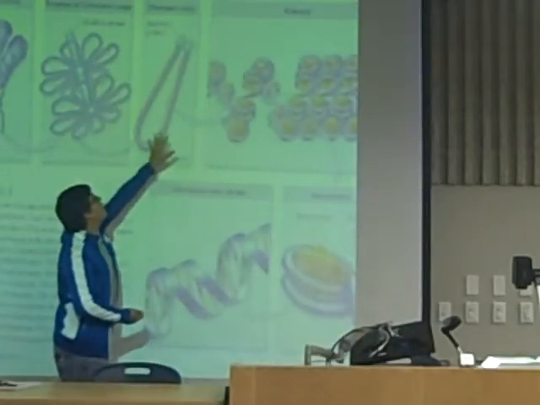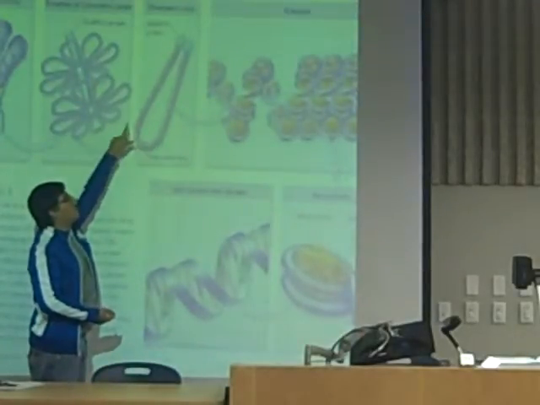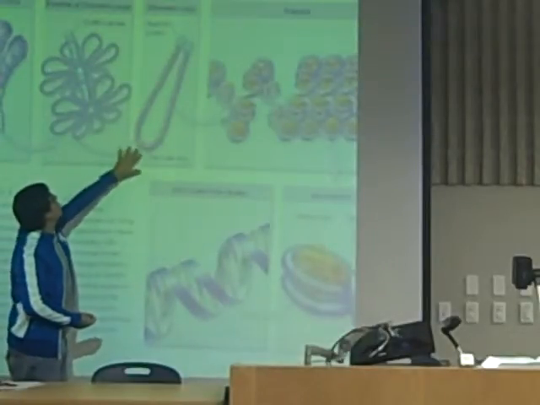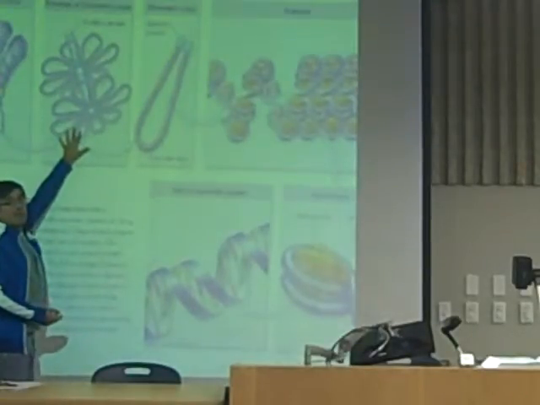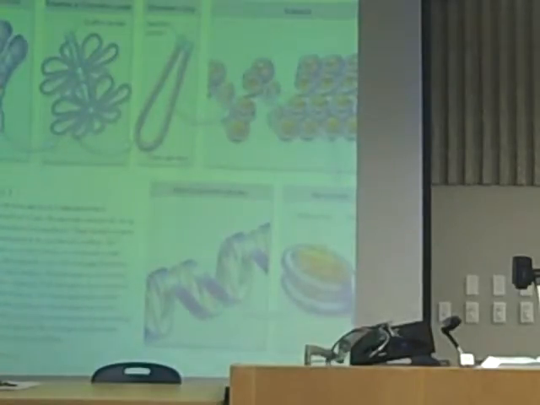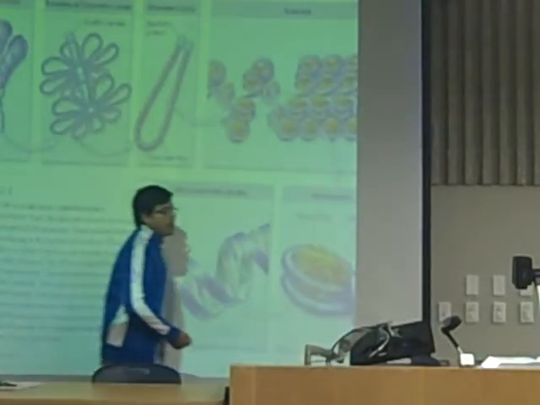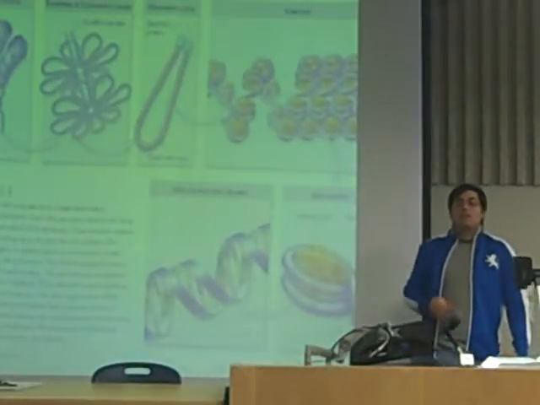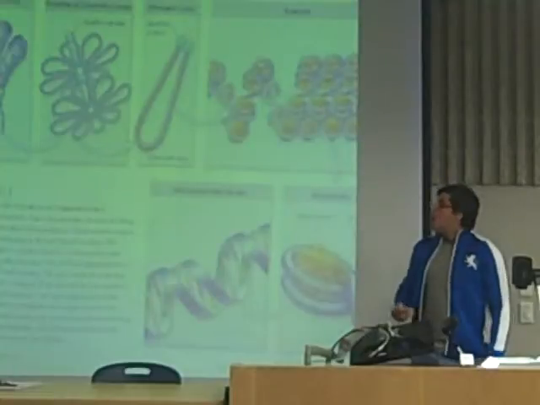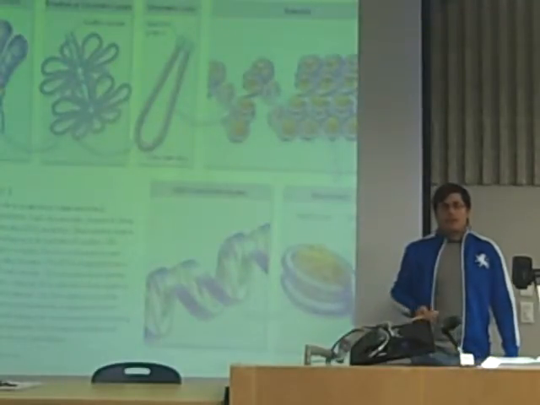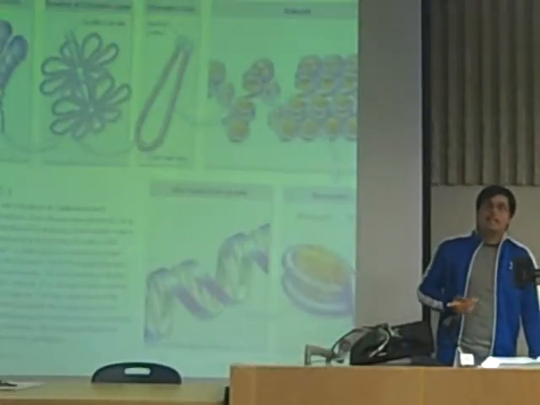A bunch of solenoids will wrap around in a loop to make the chromatin loop. A bunch of chromatin loops come together to make the rosettes, and the rosettes all come together to make the chromosomes. A particular protein aids in the condensation of this chromatin structure, and that is the protein called condensin.